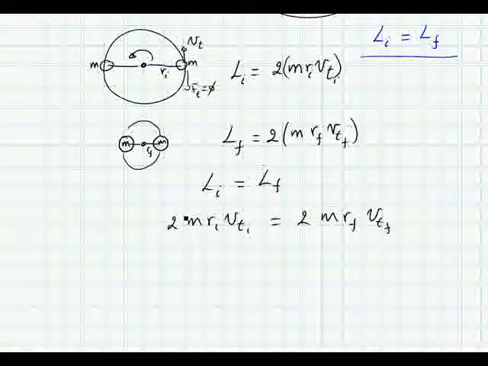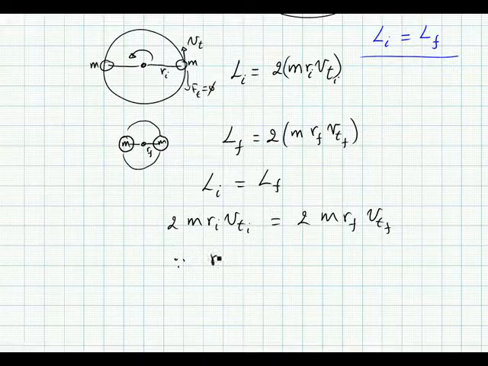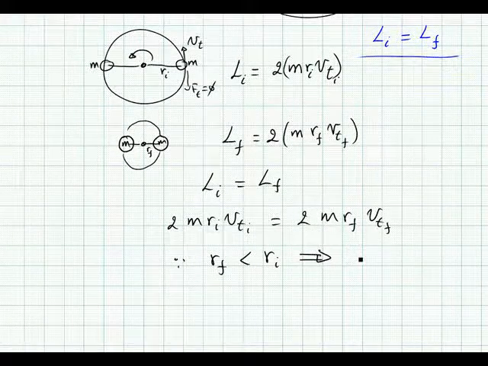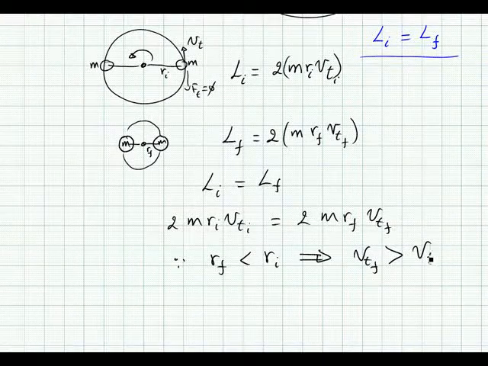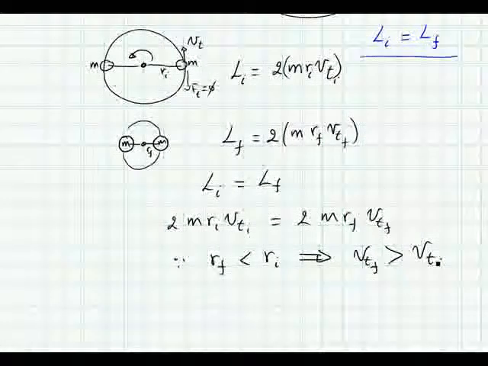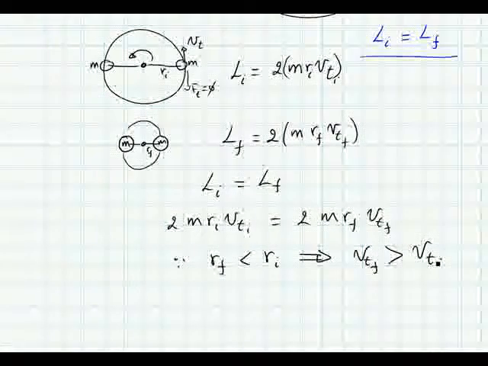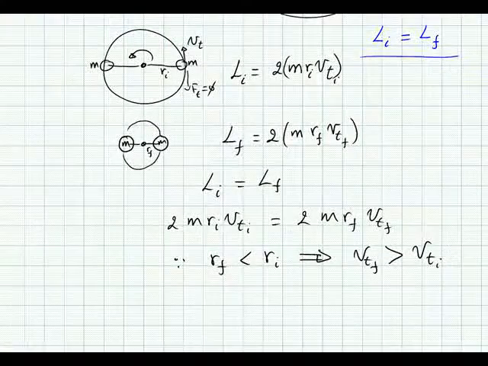Now from here you see that since r final is less than r initial, that means that v tangential final must be greater than v tangential initial. So the ice skater, by pulling her arms in, is able to spin faster than when she had her arms stretched out.